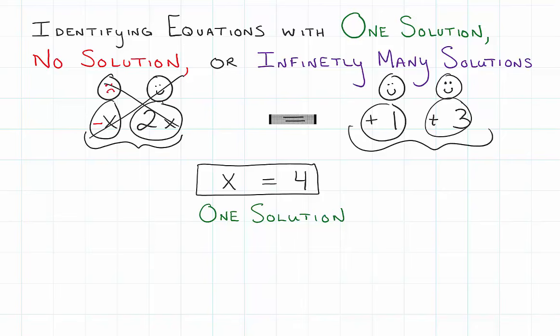What you're going to notice coming up is that the variables will cancel each other out if there's no solution or infinitely many solutions. But since we've solved for a variable, and it's very clear to see that x is equal to 4, this is one solution. X can only, in this equation, be the number 4.